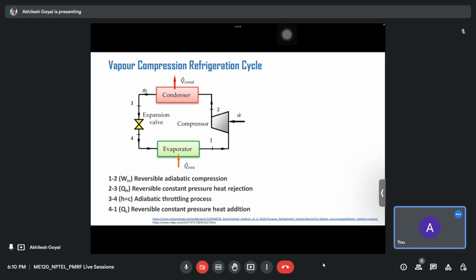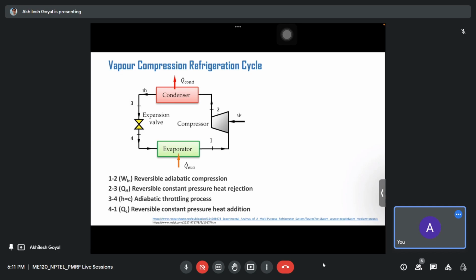So basically, vapor compression refrigeration cycle is a reverse Carnot cycle consisting of four processes. From point 1 to 2, this is reversible adiabatic compression. From 2 to 3, it is condensation happening at reversible constant pressure, and heat Q is rejected.